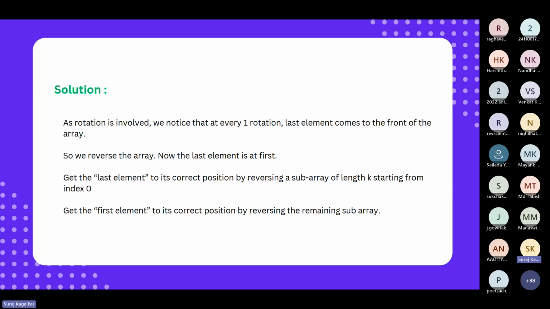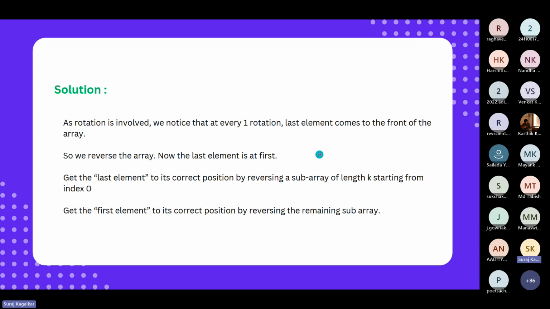Okay, let's look at the solution. As rotation is involved, we notice that every one rotation, essentially it is kind of swapping. Every one rotation, you see that the last element comes to the beginning of the array, right? And rotation by any k greater than one is basically rotating by one, k times, on the updated array each time.